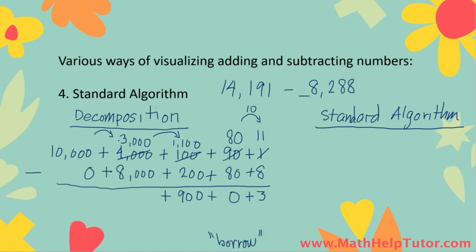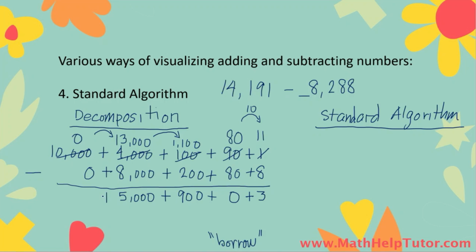So 3,000 plus 10,000 becomes 13,000. Let's just put a 1 over here. Since we added 10,000 to 3,000, that becomes 13,000. And 10,000 minus 10,000, since we transferred the 10,000 to the thousands place, now becomes 0. Now we can perform the subtraction in the thousands place. 13,000 minus 8,000 becomes 5,000.